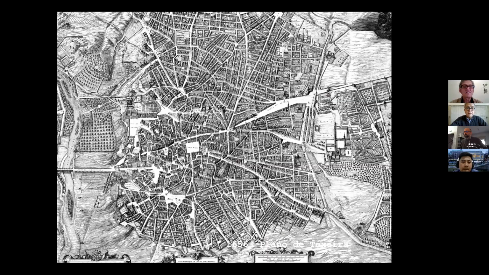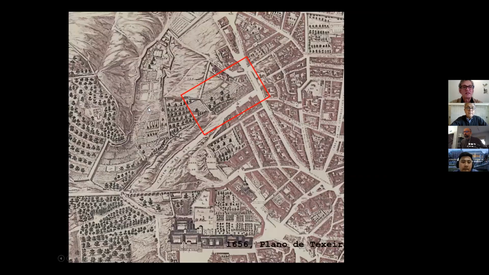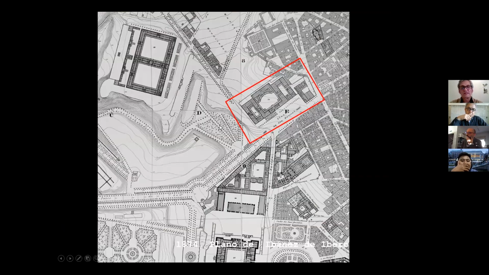And this is the first Royal Palace of Madrid. This is the space where the plaza is now. And in that time, it was an orchard related with a little creek, which was going down to the river, just in front of the Royal Palace.